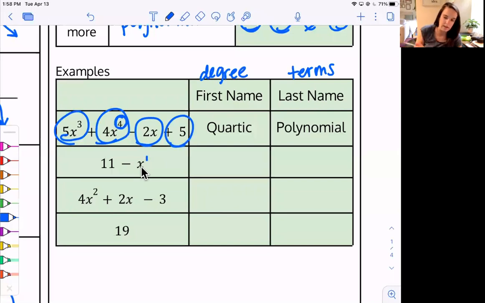So the x to the 1, right? So I'm looking back at my chart over here, and I'm thinking, okay, x to the 1, that's linear. That's linear. X to the 1 is linear. Right? And then it has 2 terms, 1 term here and 1 term here. So what kind of nomial is it?